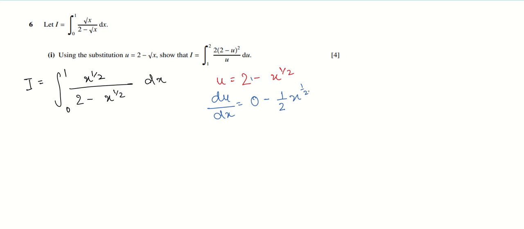Okay, so x to the power of 1/2, so 1/2 plus minus 1, sorry, minus 1. So that's going to be du/dx equals minus 1/2 x to the power of minus 1/2.